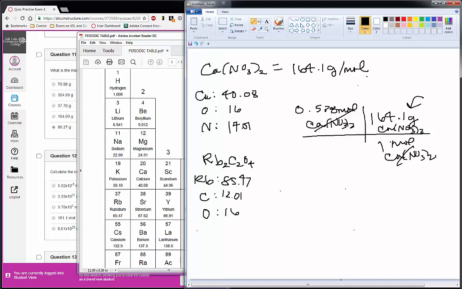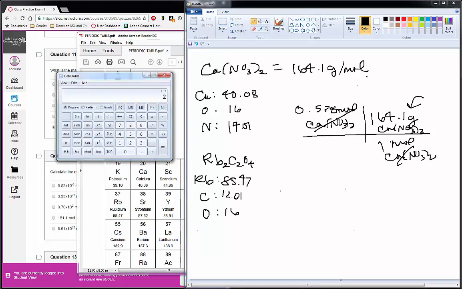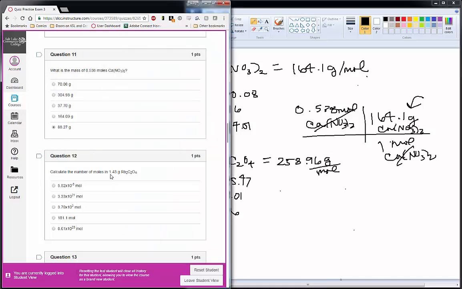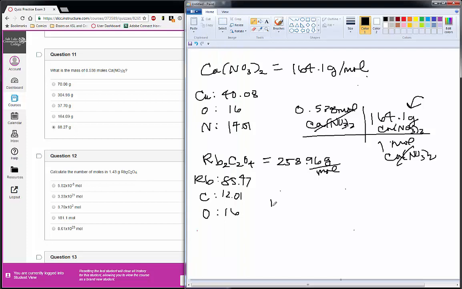Okay, so we add that up. We have 2 rubidiums at 85.47 each, plus 2 carbons, 12.01 each, plus 4 oxygens at 16 each, gives us a total molar mass of 258.96 grams per mole. Okay, and they said if this is the number of grams I have, so I start with what I'm given, 1.43 grams Rb2C2O4.